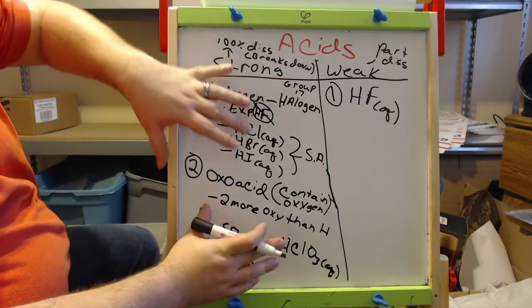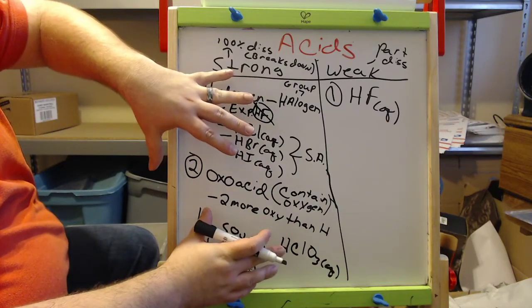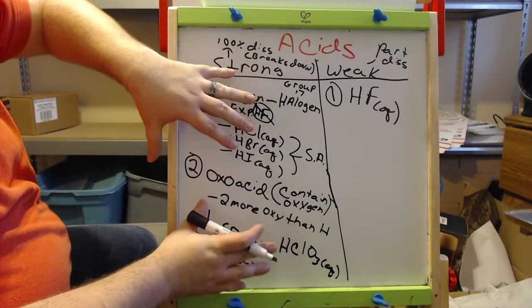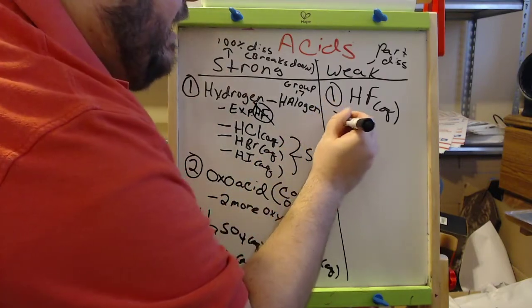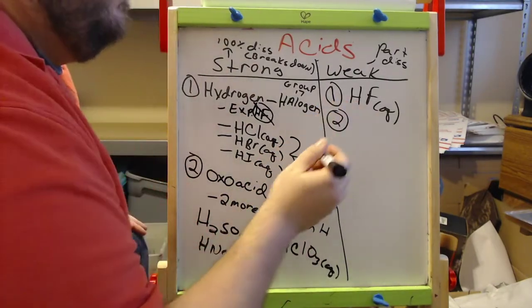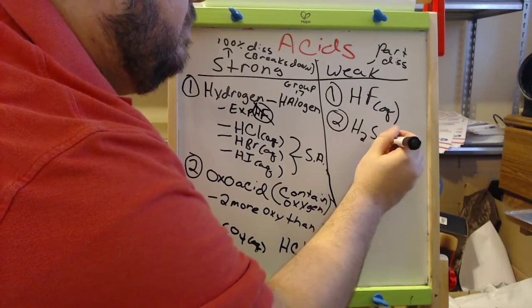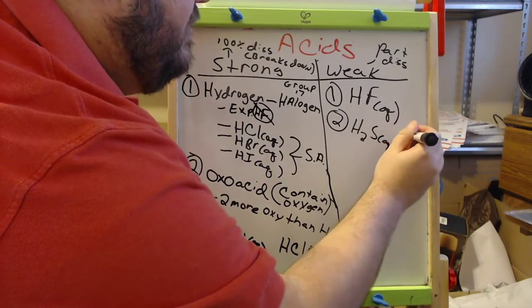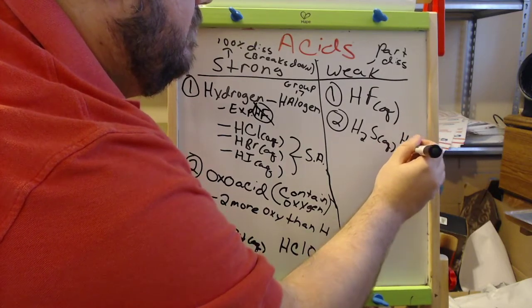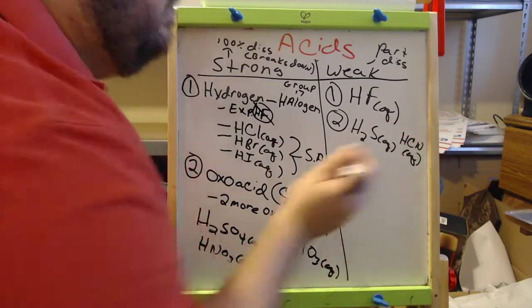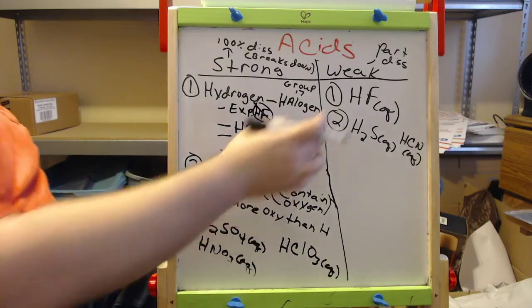Well, if I'm an acid and I don't contain a halogen or an oxygen, if I don't follow the strong acid rules, then I am considered weak. And examples of those are H2S, HCN, so these are weak.